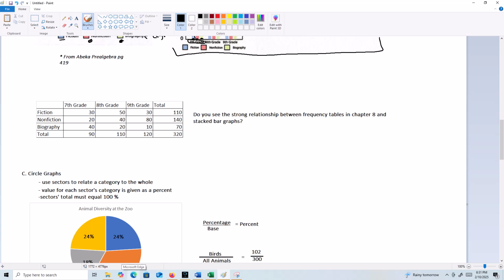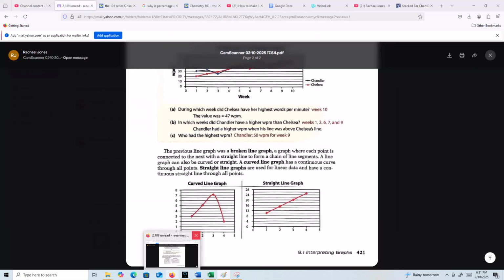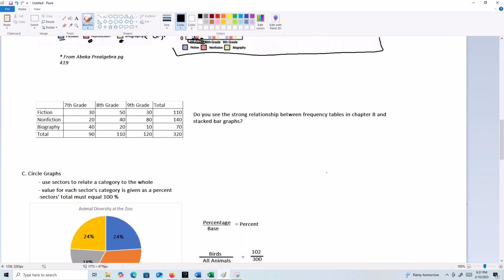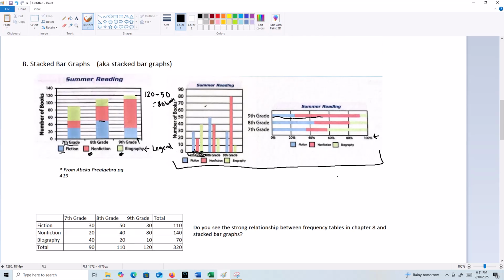All right, do you see the strong relationship between frequency tables in Chapter 8 and stacked bar graphs? So here is this data represented as a frequency table from Chapter 8. Sorry, it's very sloppy.